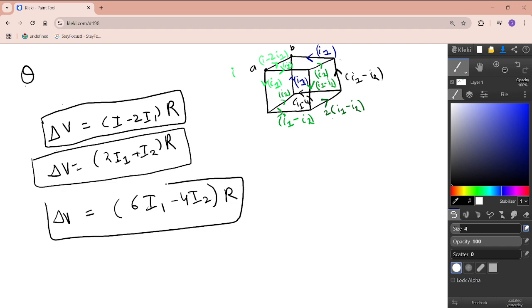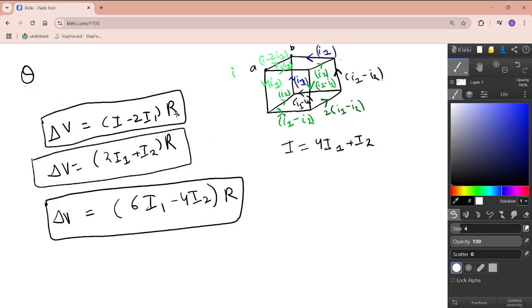Now if we need to find delta V in the forms of I, we need to convert this I1 into some variable of I. See, we have three equations that are equal, so we can make them equivalent. So I minus 2I1 is 2I1 plus I2, and we can take the I1 to the other side, then it becomes 4I1 plus I2.